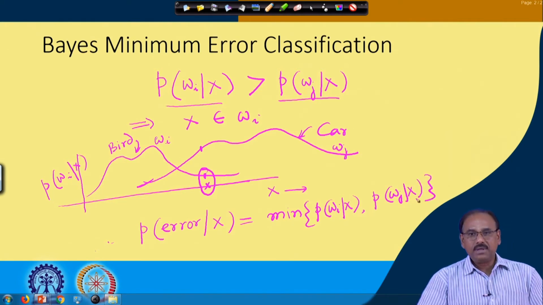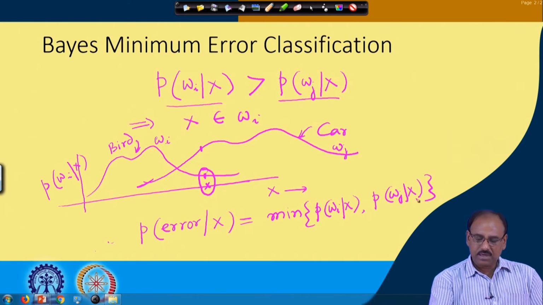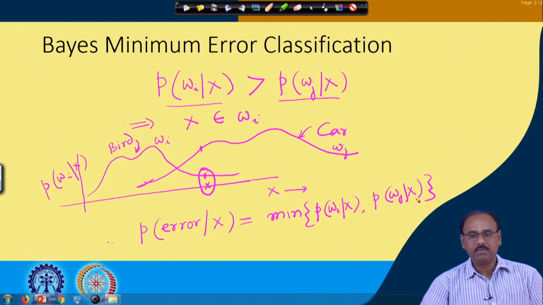As I am taking the decision which minimizes the error, because it is the minimum of these two quantities, the classifier that we design is what is known as the Bayes minimum error classifier.